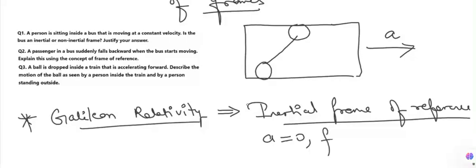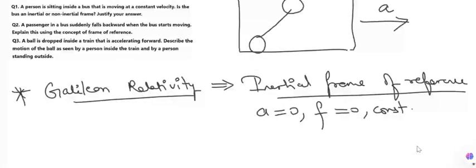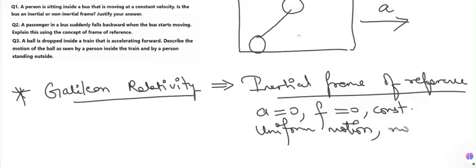Hence, the force applied on any object will be 0 or constant. Due to this, you will see either uniform motion or that the object is at rest. Understood? Yes, ma'am.